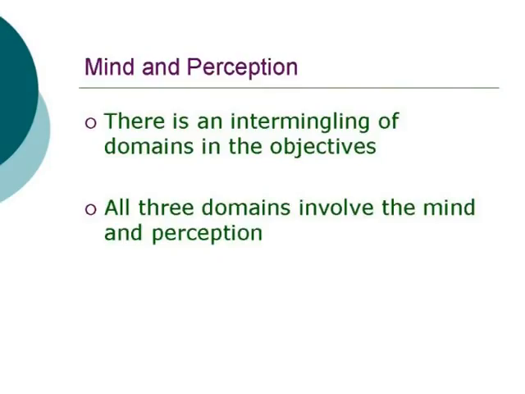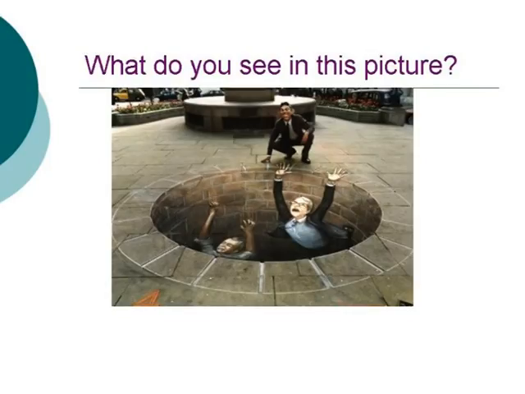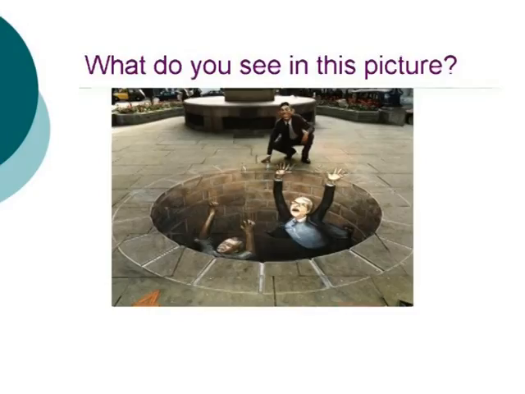So, you know that there is an intermingling of the domains in the objectives. So, what do we see in this picture? Now, you had a previous exposure, now tell me. What do you perceive? So that means it is against. He's enjoying the scene. Yeah, he's enjoying the scene.